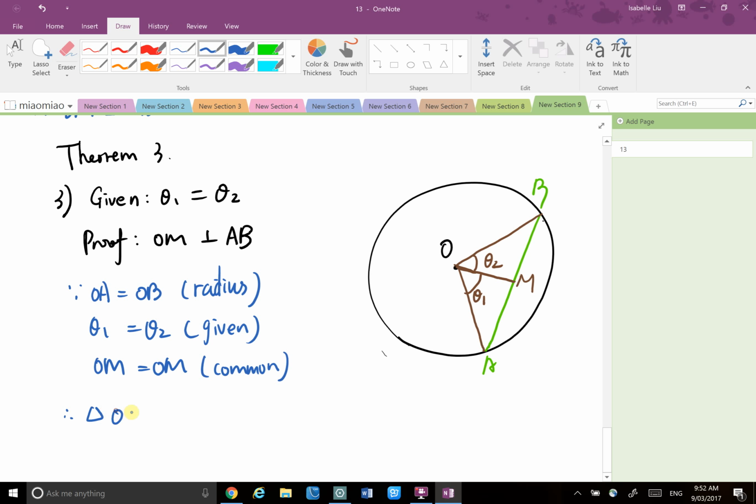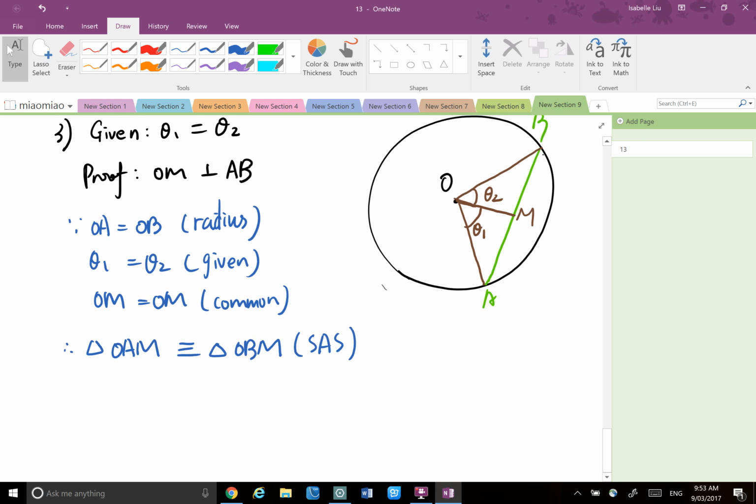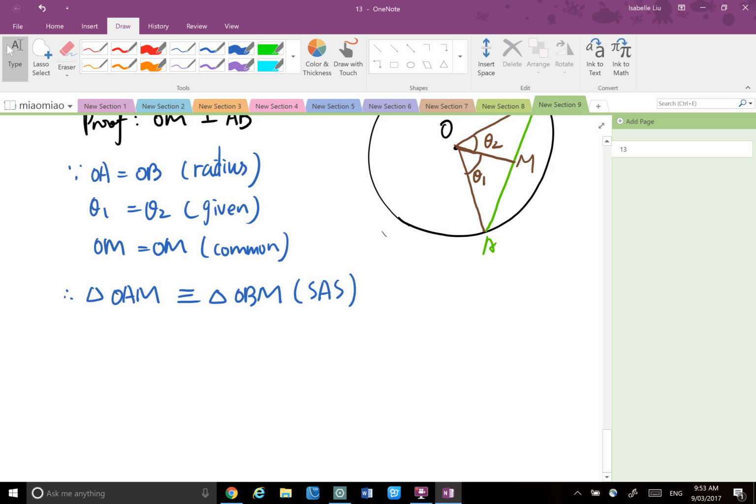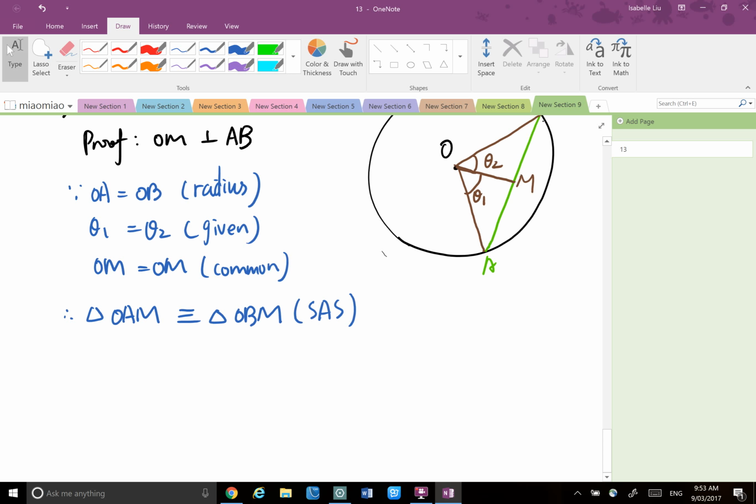So triangle OAM must be congruent to triangle OBM by SAS. It's not by SSS this time, it's by SAS because you have information about the angle. Those two sides are equal, and the angle in between is equal. Then you have SAS to make sure the two triangles are the same.